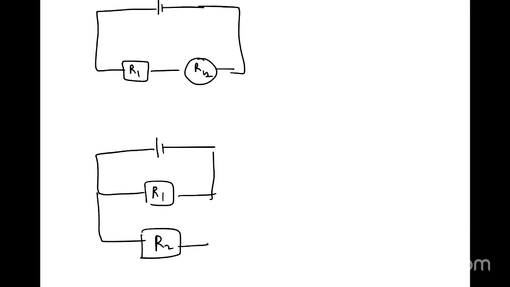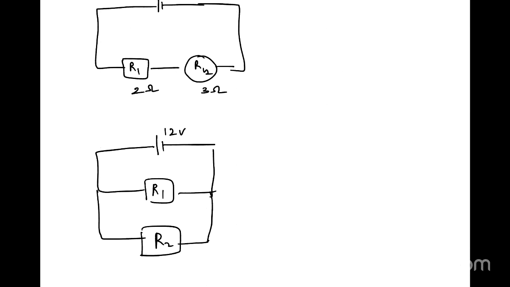This is going to be R2, right? So we'll say this is 12 volts, same supply. And here I'll take a simple value. We'll say 2 ohms and 3 ohms. And here it is going to be 2 ohms and 3 ohms, right?